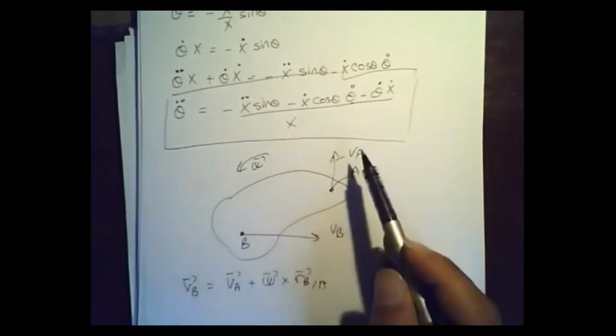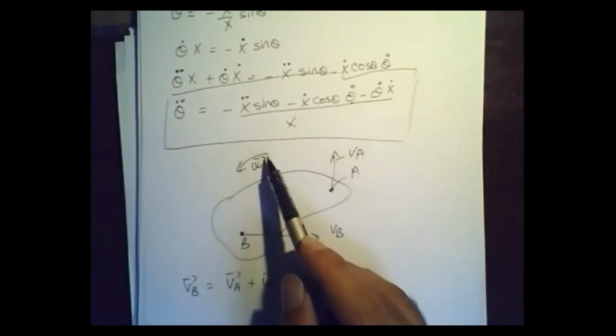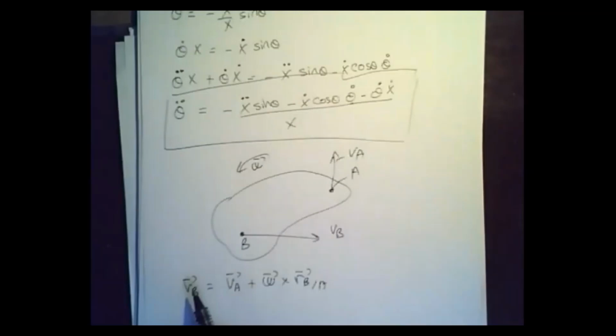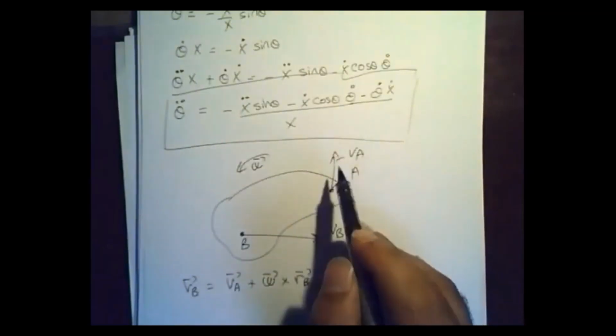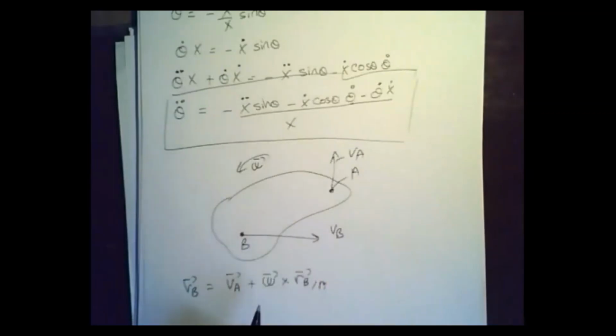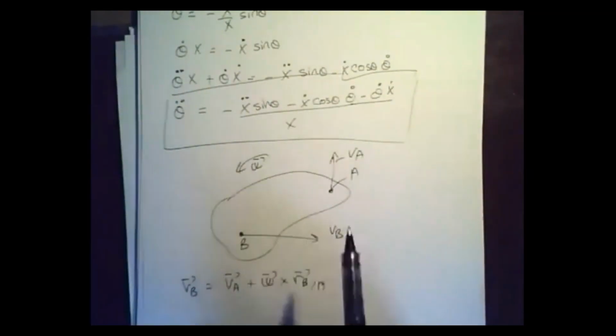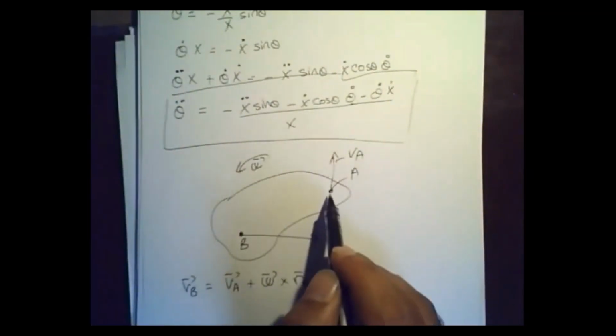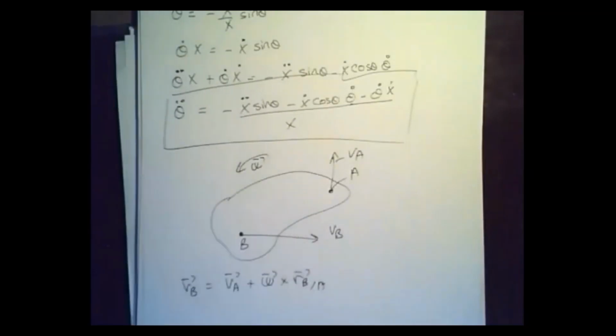If I have the velocity of A and I have the angular velocity of the rigid body, it means I can find the velocity of B. But if I have the velocity of A and I have the velocity of B, what else can I find? Exactly, you can find omega. So if you have the velocities of 2 points, you can find the angular velocity of that rigid body.